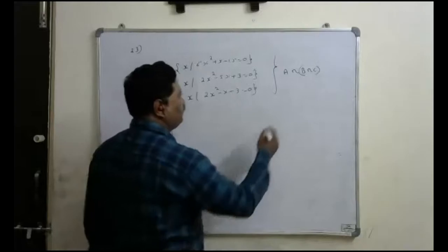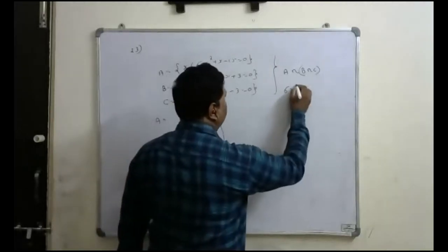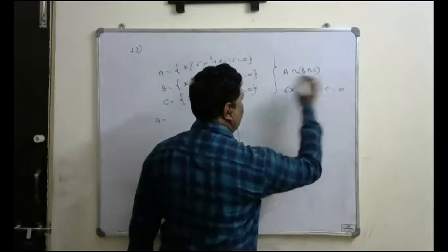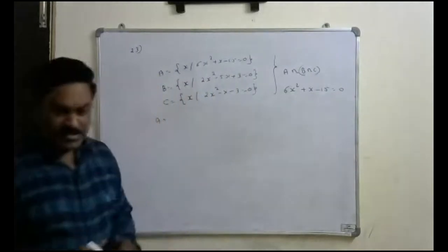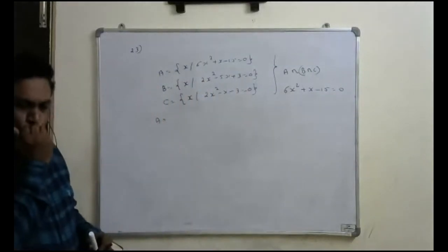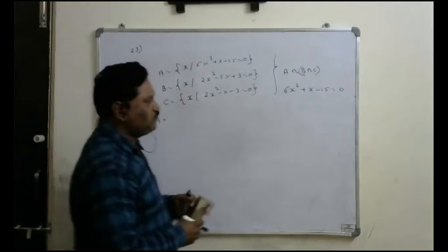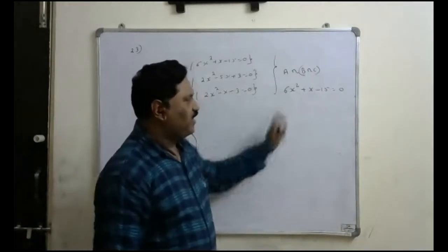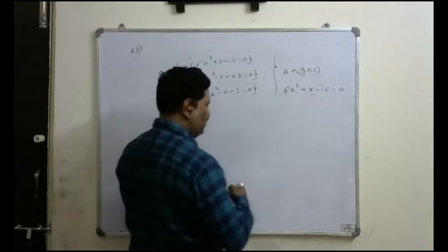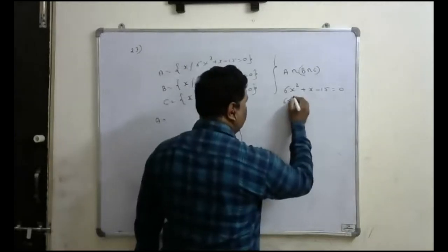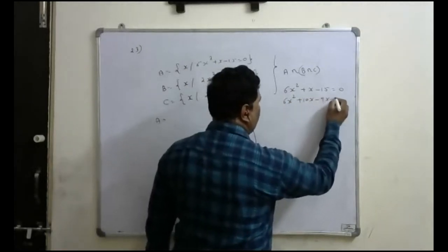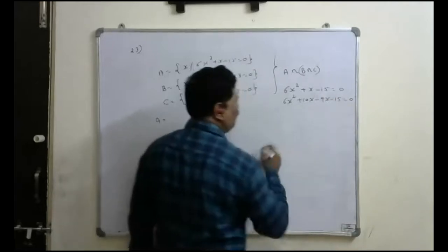So the first equation, 6x squared plus x minus 15 is equal to 0, right? What are the factors of it? Plus 10 and minus 9. So that is 6x squared plus 10x minus 9x minus 15 is equal to 0.